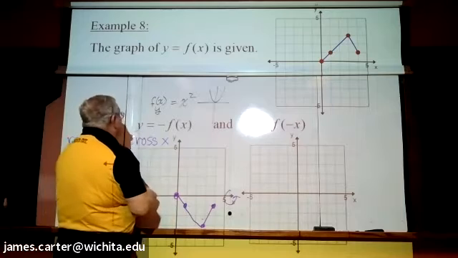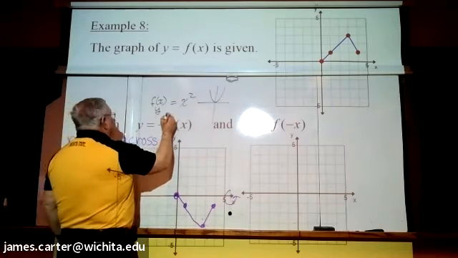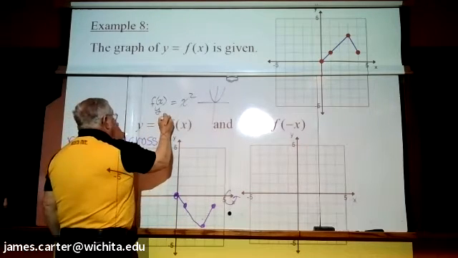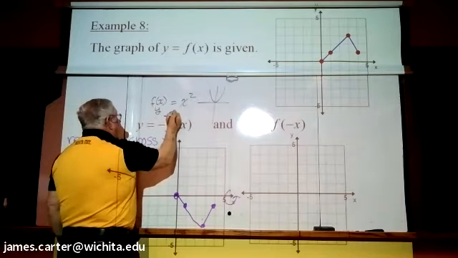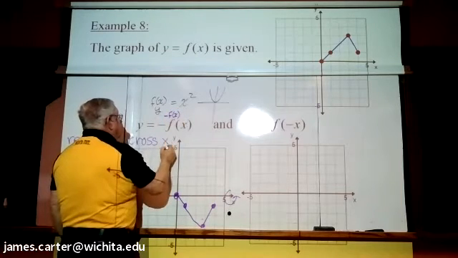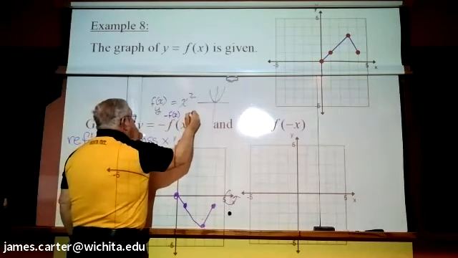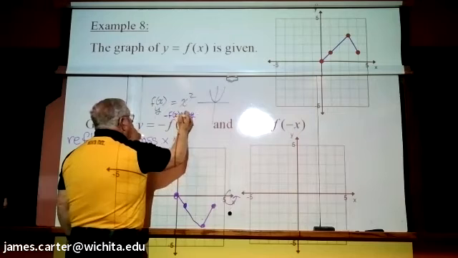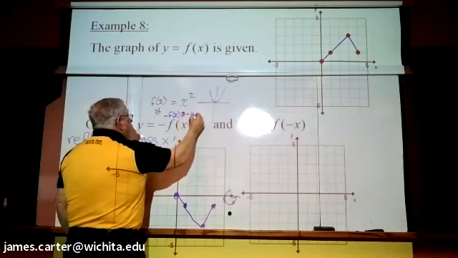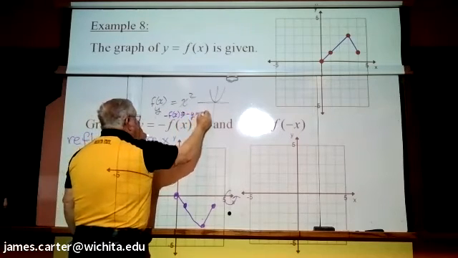Now, on the other hand, if we find that notation, then that means negative y is equal to x squared.